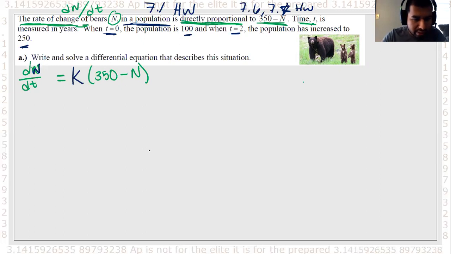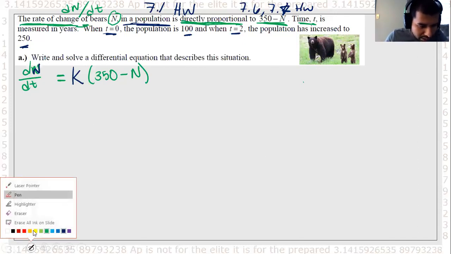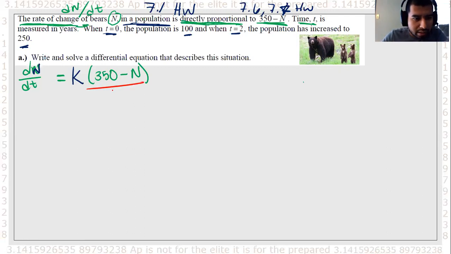This one has an n, so I'm going to divide both sides by 350 minus n, and move this dt to the other side.